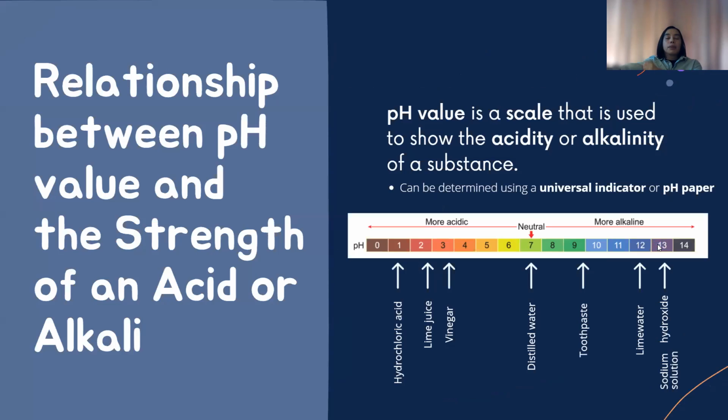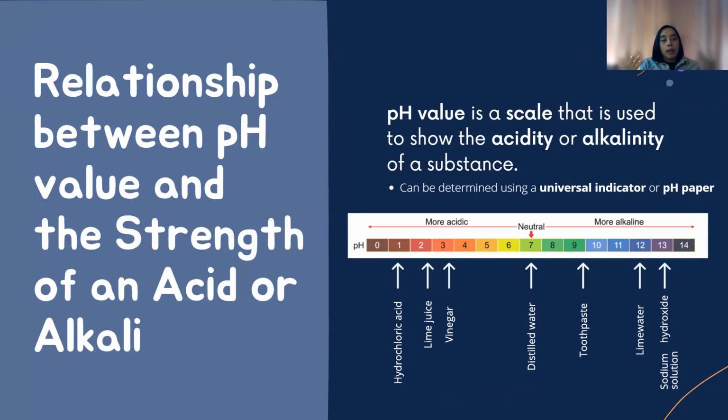So now we can determine the pH value of a substance. Before this, we have mentioned that an acid has a pH value range between less than 7 down to 1, and an alkaline substance will have a pH value of more than 7 up to 14.